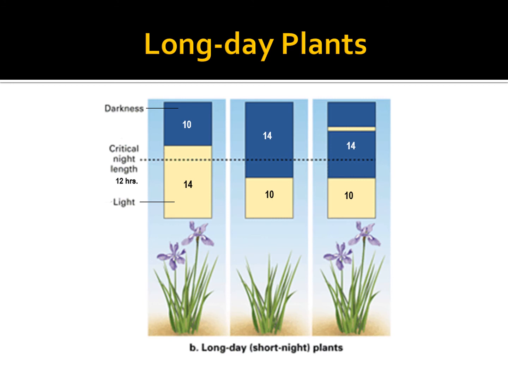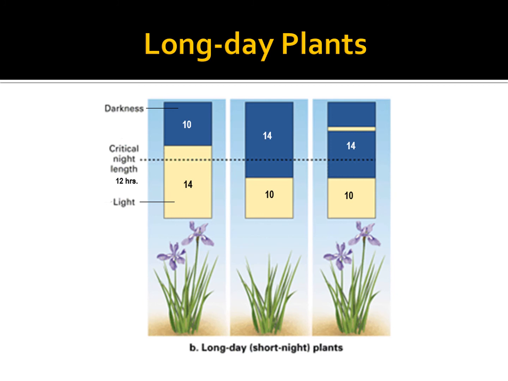If you move over to the center column, the critical night length is still 12 hours. That stays the same. That's species dependent. And in this case, the dark period is 14 hours. So the dark period is longer than the critical night length, so the plant will not flower.